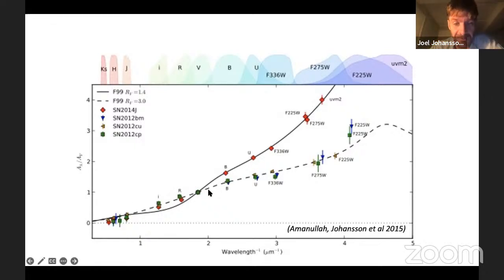And the parameter that you can vary is this RV parameter. So the black curve is steeper towards the UV part, and that has RV 1.4.